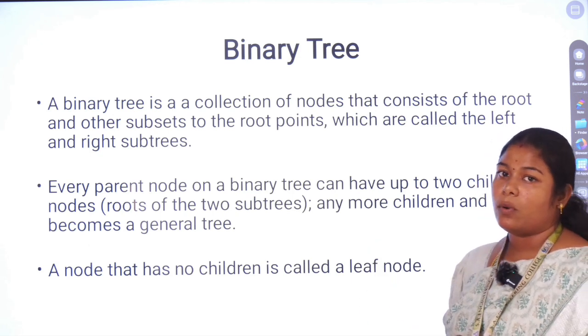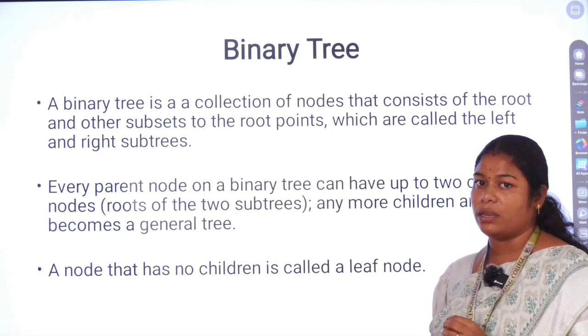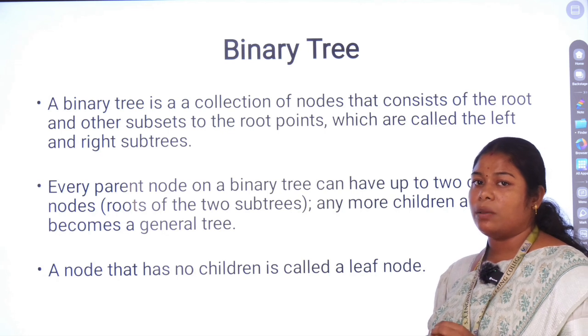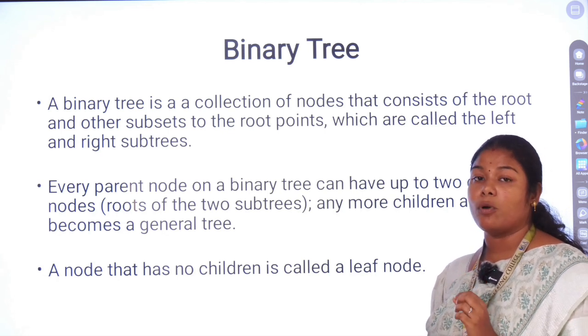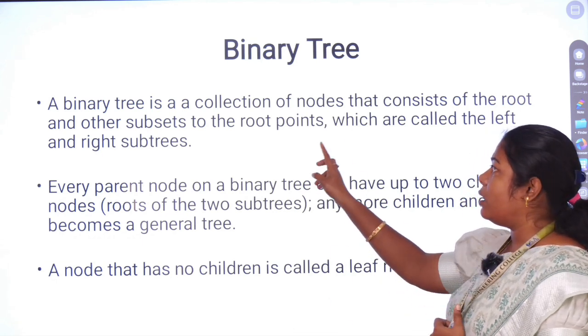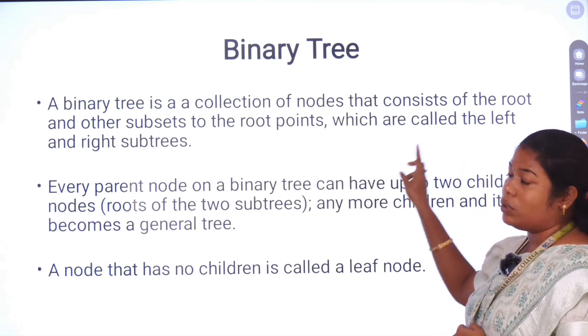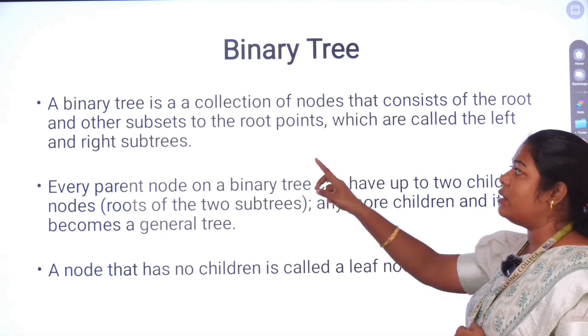Here we are going to see what is a binary tree and binary search tree. First we should know what is a binary tree. A binary tree is nothing but a parent with a maximum of 2 children. A binary tree is a collection of nodes that consist of a root, which is the parent here, and other subsets.